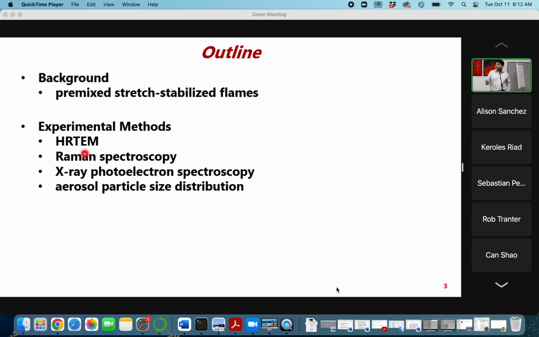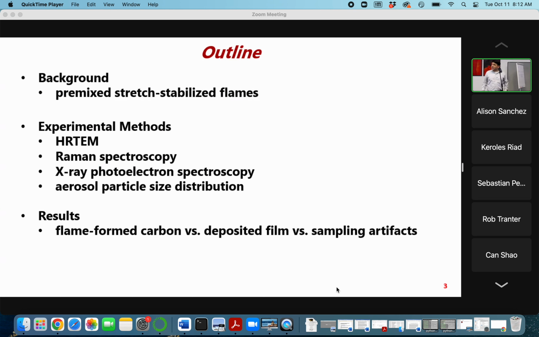And we have TEM, Raman spectroscopy, X-ray photoelectron spectroscopy, and particle size by sampling the aerosol. And our main objective is to look at what is actually being formed in the flame, and how that is different from the films that we're making and any artifacts that are possible as well.